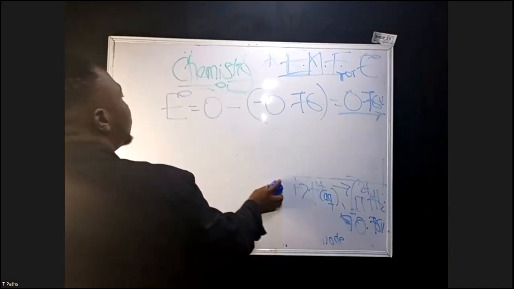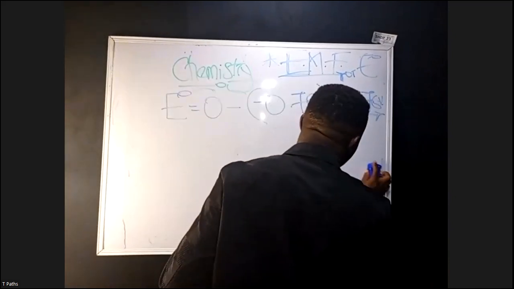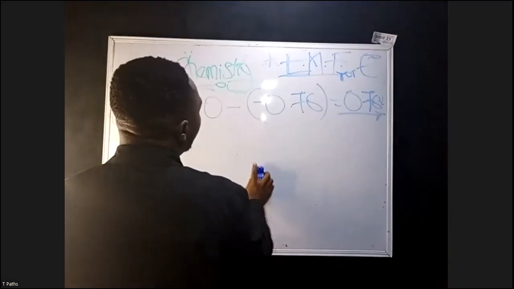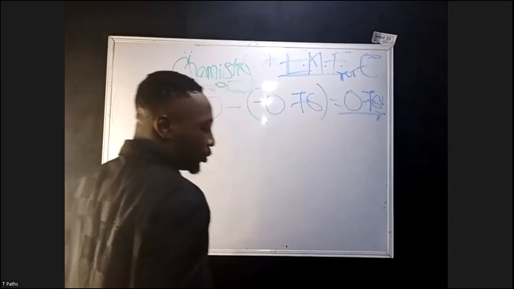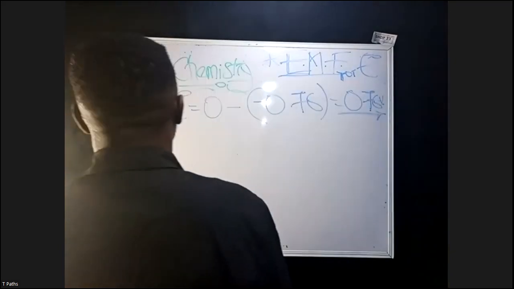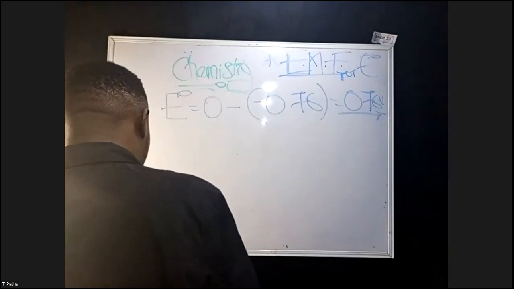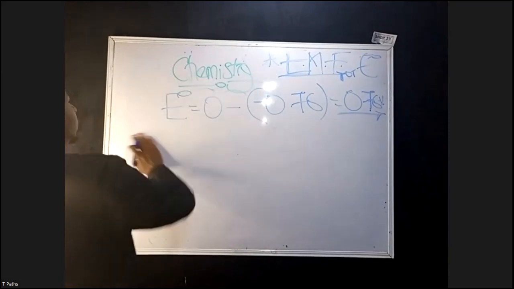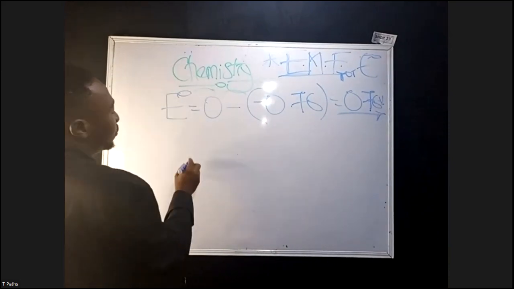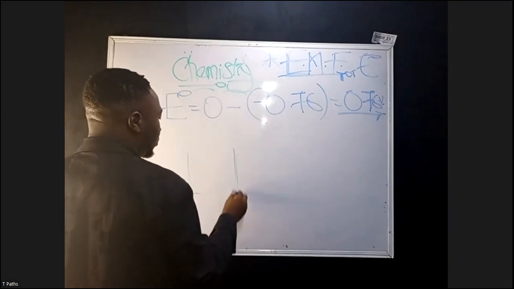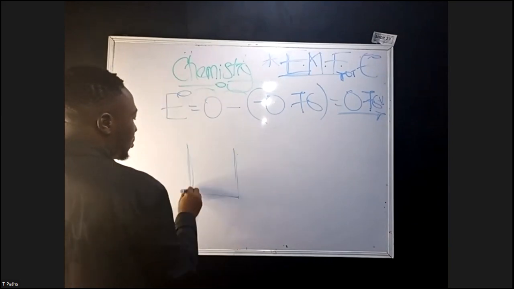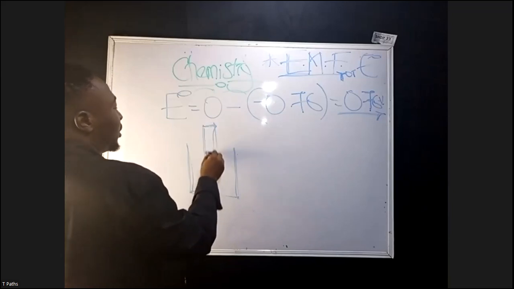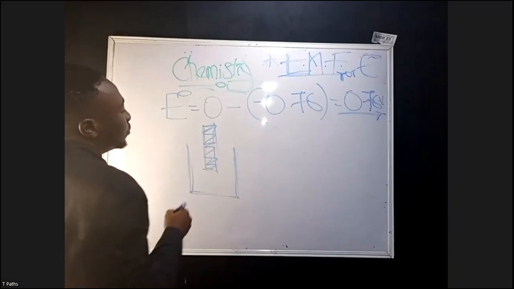I wanted us to bring out something as reference to what we said earlier. If you consider a cell, and we know this metal is a metal strip, the electrode itself.